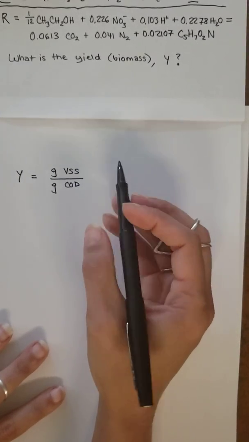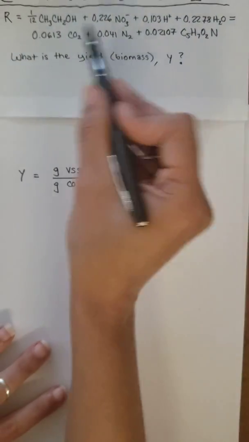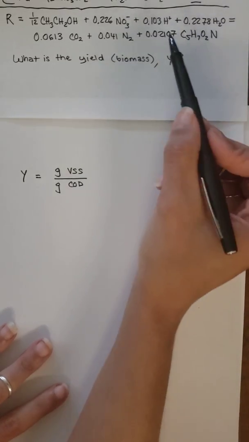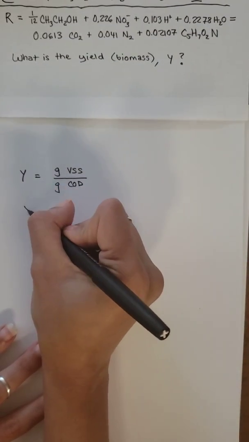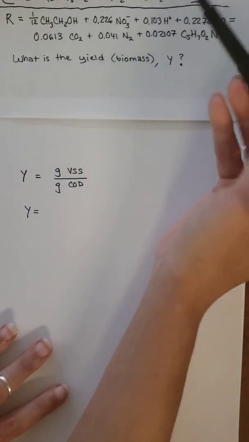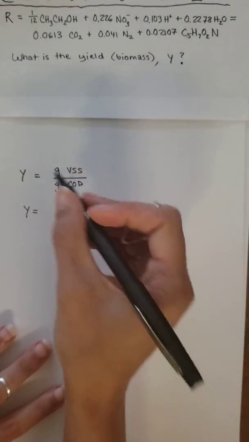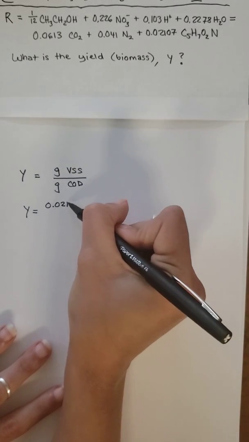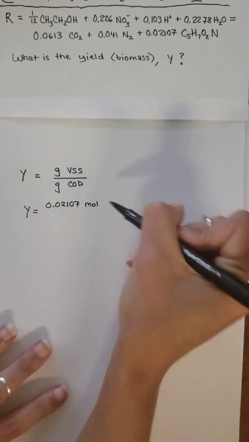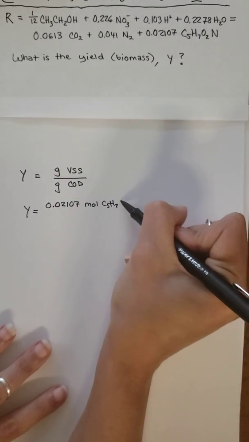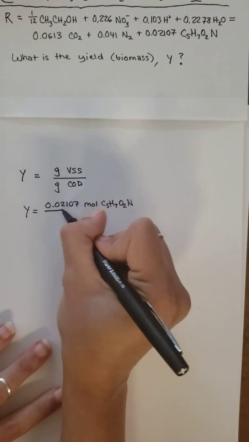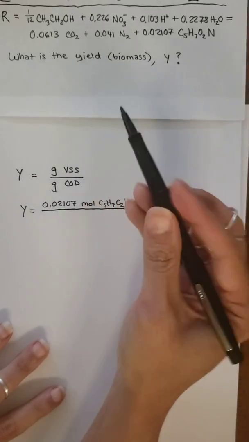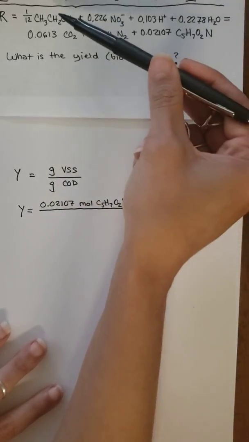And so what we can do is look at our overall equation up here and pull out some things that are useful. So for example, let's pull out the moles of biomass that's produced here. So we have our 0.02107 moles of our biomass, C5H7O2N, and we'll divide that by our moles of our ethanol.